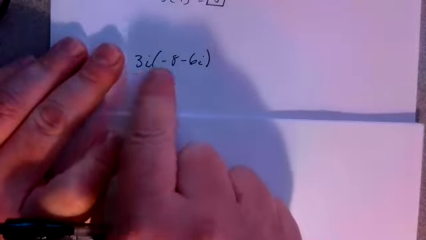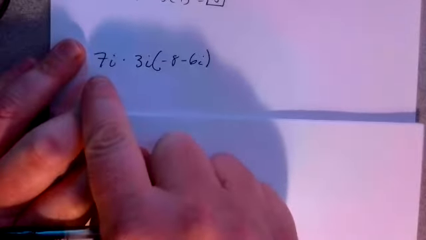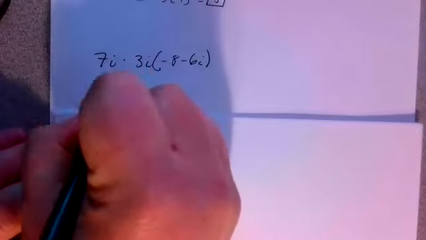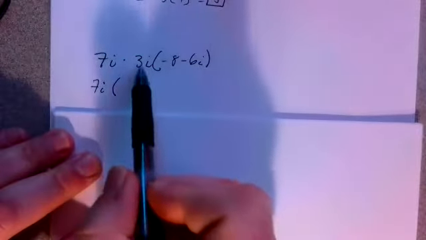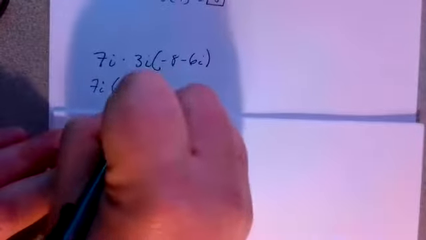What I'm going to do here is distribute 3I here and here, and then multiply it with the 7I. So 7I stays the same, but now I'm going to distribute here. So 3I times -8 is going to be a -24I.